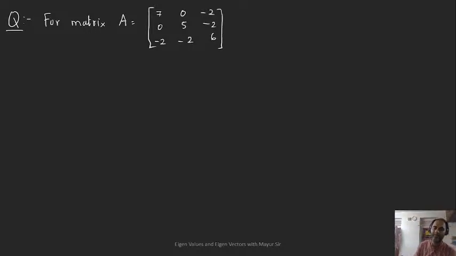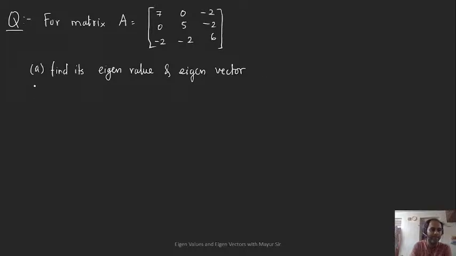So this is the example, and what we are asked to do: the first part is to find its eigenvalues and eigenvectors. Second part is show that the matrix A is diagonalizable.